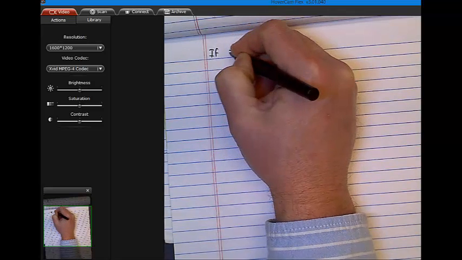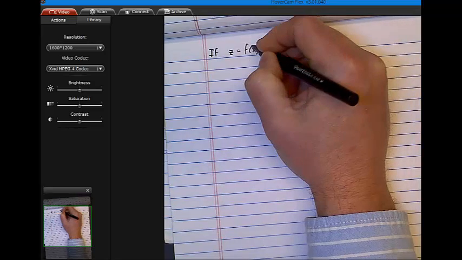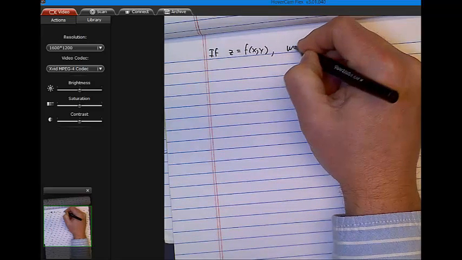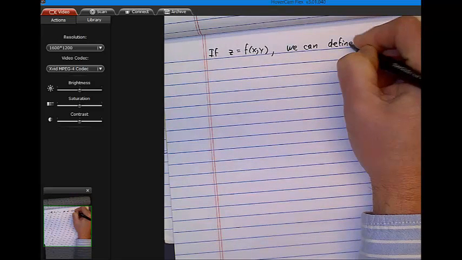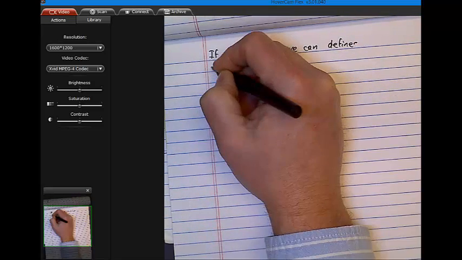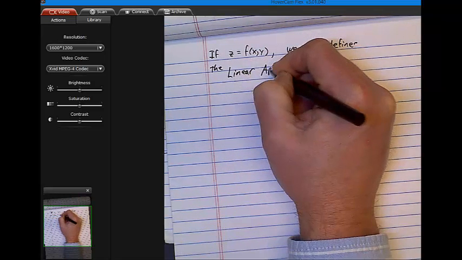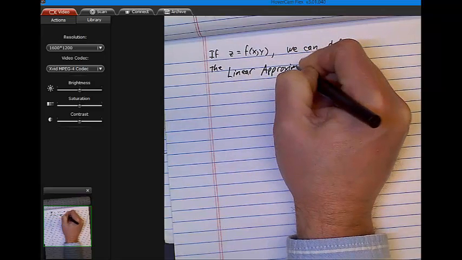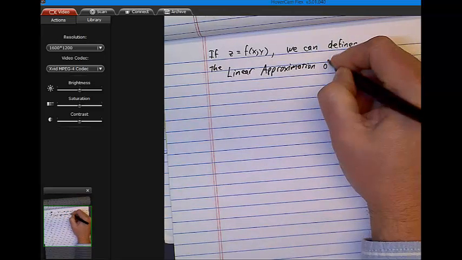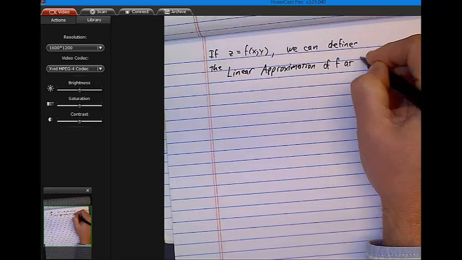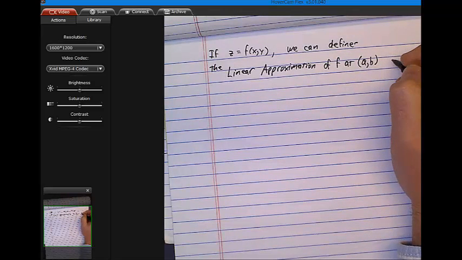If z is some function of xy, we can define the linear approximation, just like we did in Calc 1, of f at the point AB in the following way.